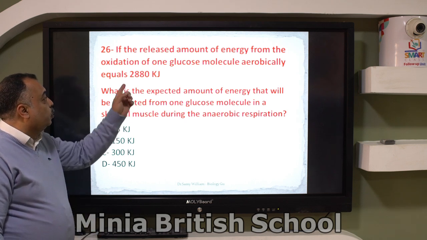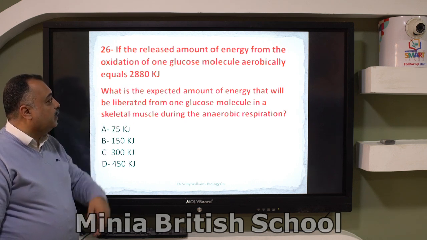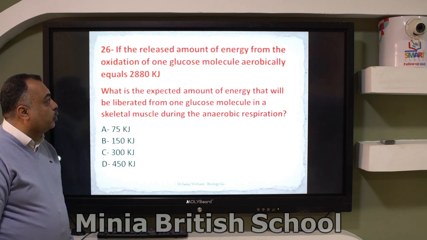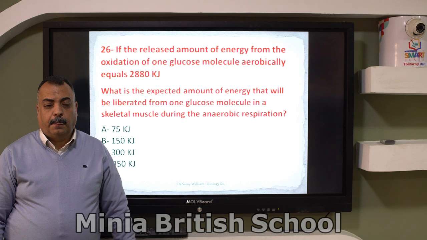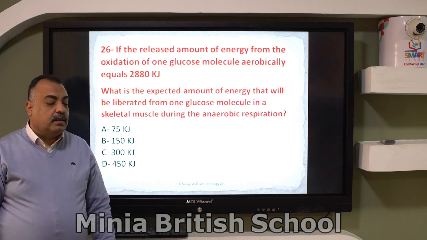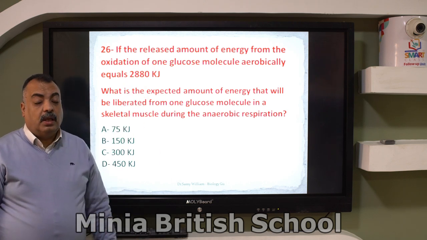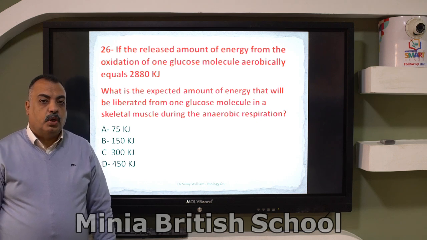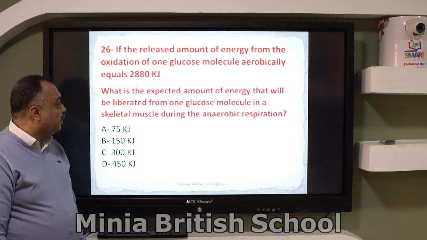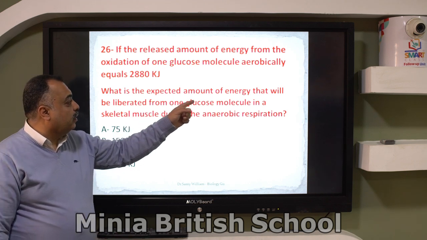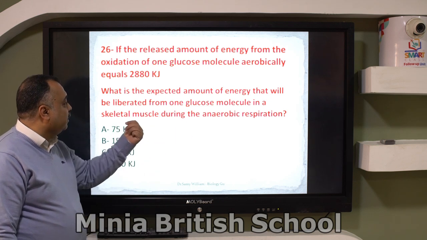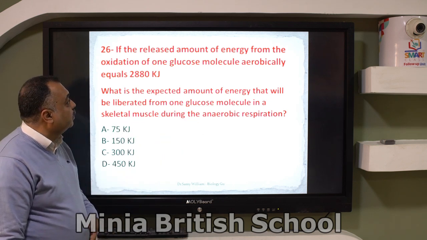Again, 2880 kilojoule for one glucose molecule oxidized aerobically. This means that this amount corresponds to 38 ATP. Okay, 38 ATP. So, what is the expected amount of energy that will be liberated from one glucose molecule in a skeletal muscle during the anaerobic respiration?